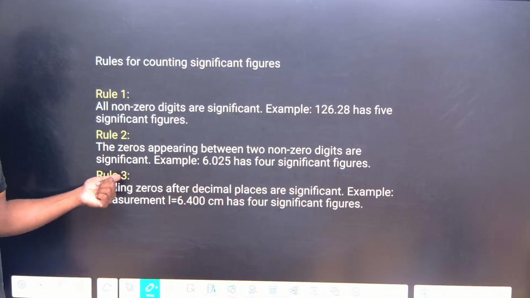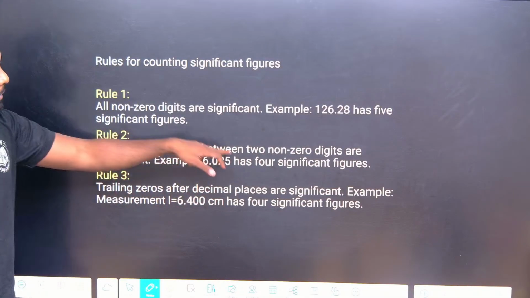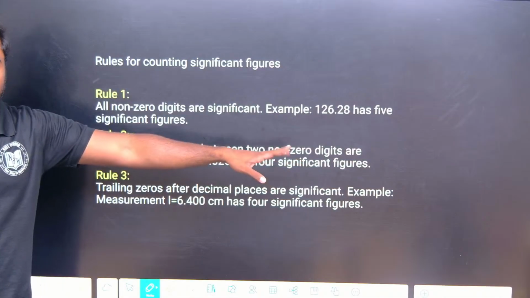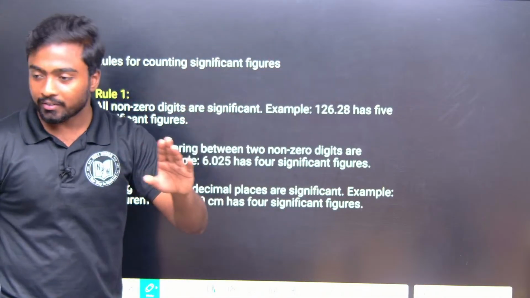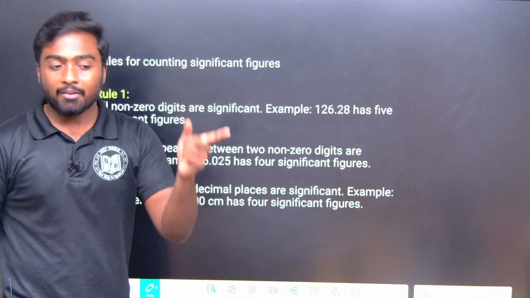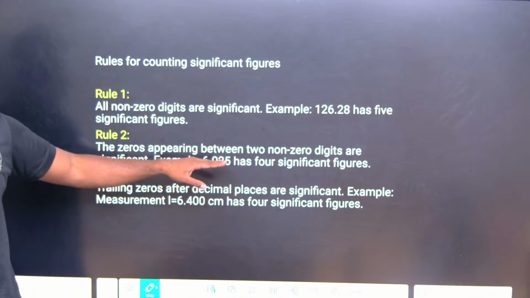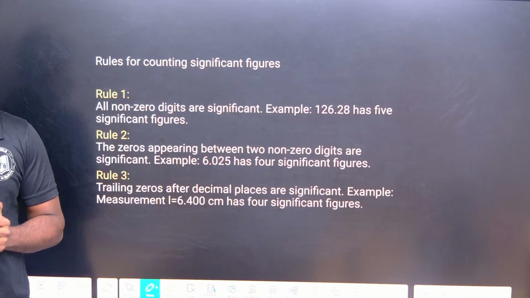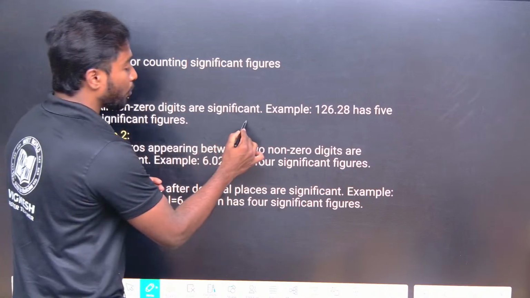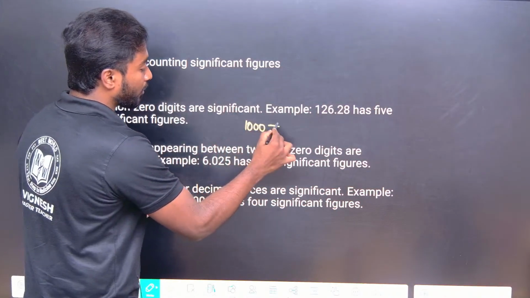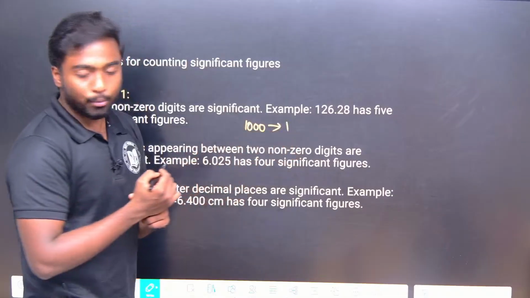Rule number 2: zeros appearing between two non-zero digits. In the first rule they said zeros are non-significant, but when I take zeros in between non-zero numbers, those are considered significant. When I take 1000, it has only one significant figure, right?